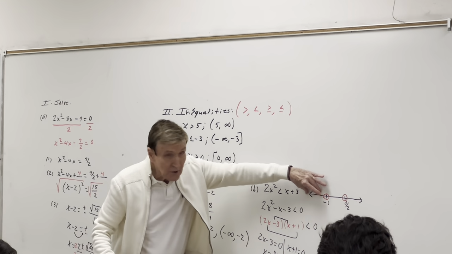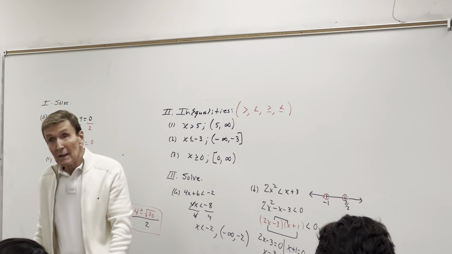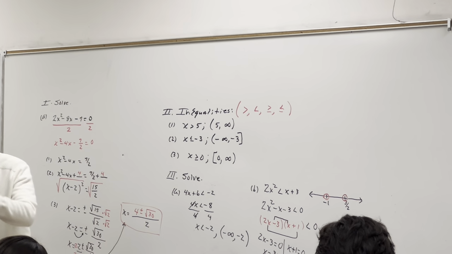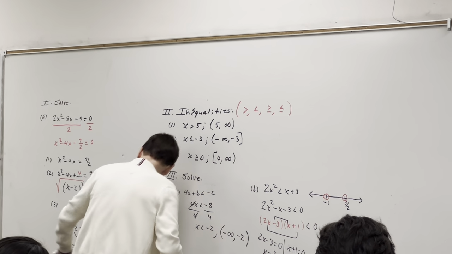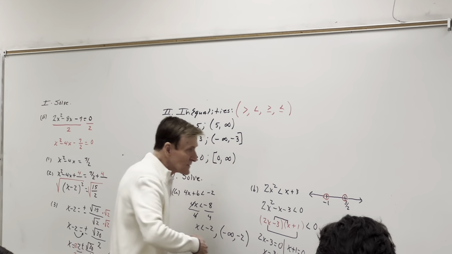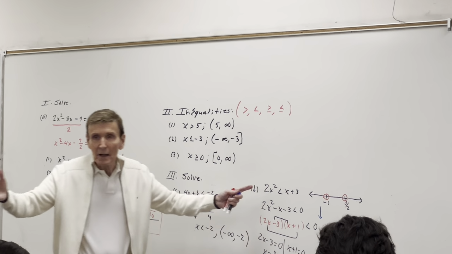Or is it all the numbers out to the right of 3 halves? You need now to test a number, just one single number will do it. You need to test a number in each one of those intervals. At your choice. Out to the left of -1, I don't care whether you try -1,000.